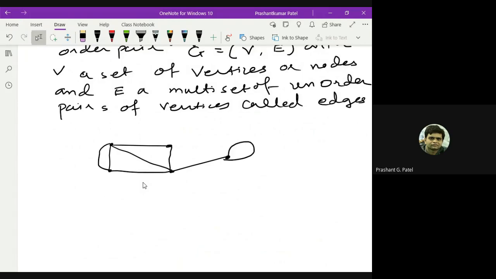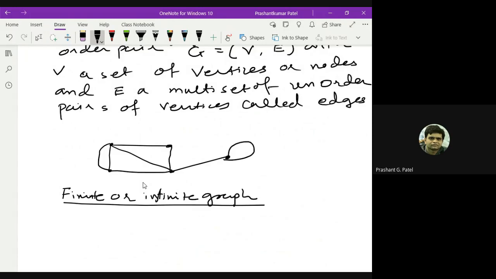Okay. Then the next definition is the finite or infinite graph, meaning finite graph and infinite graph. If you want, you can give two separate titles for the finite graph and for the infinite graph.